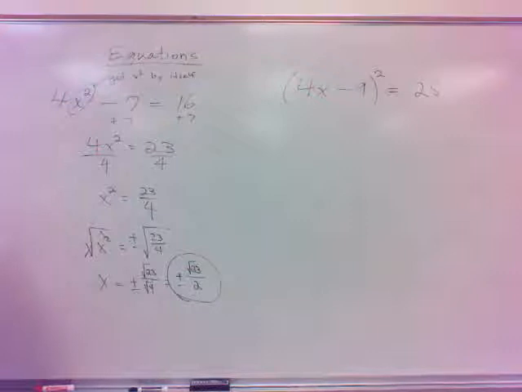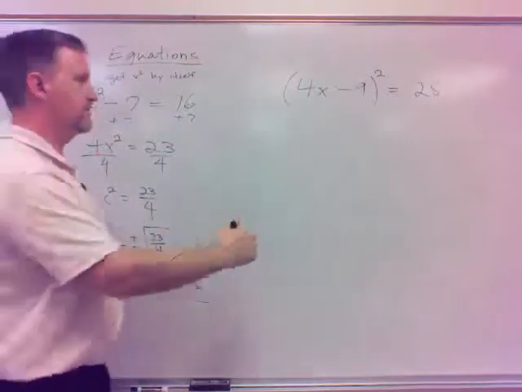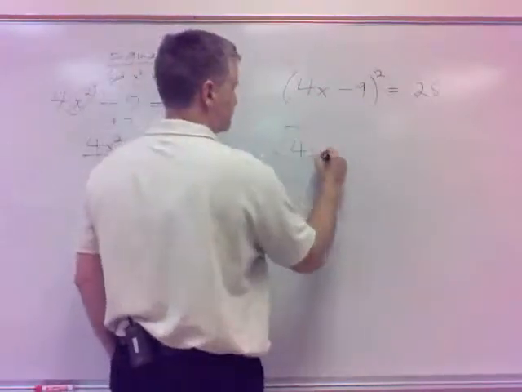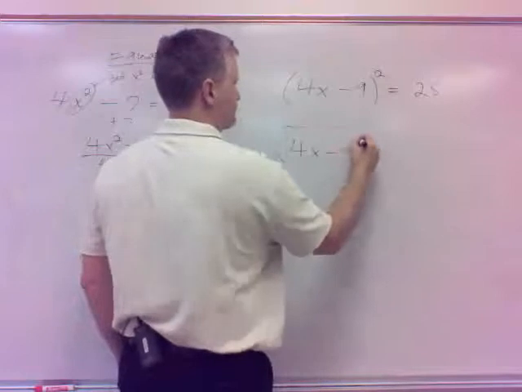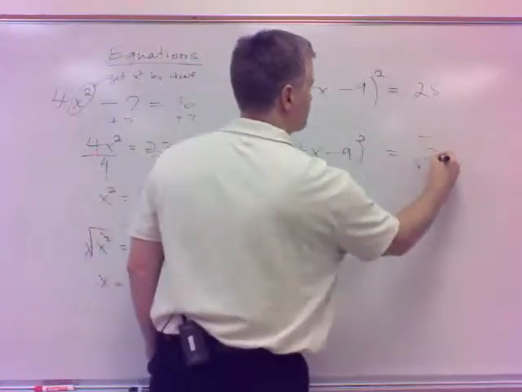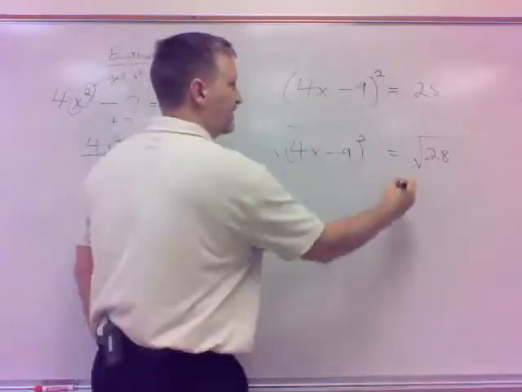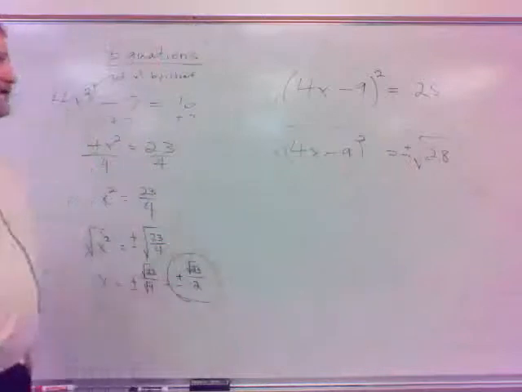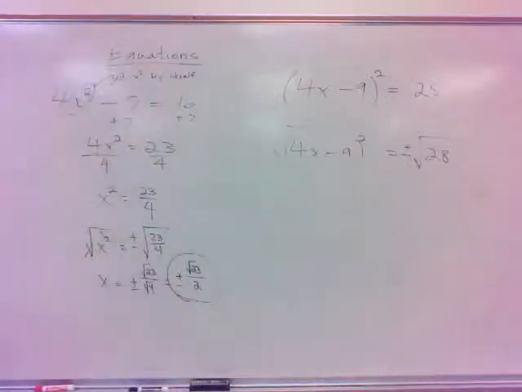I can square root method that, can't I? Square root both sides. Make this side plus or minus is the only catch there to get the two answers.